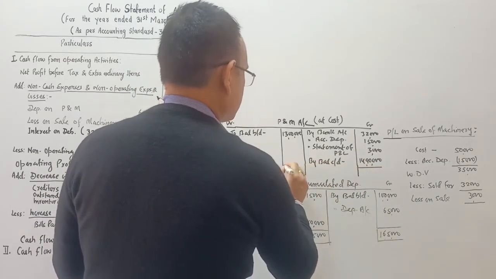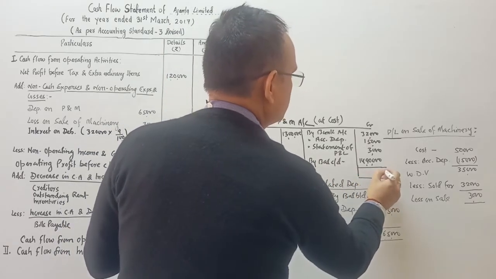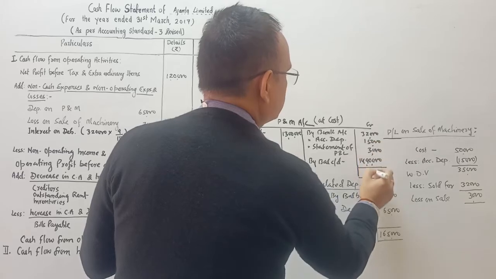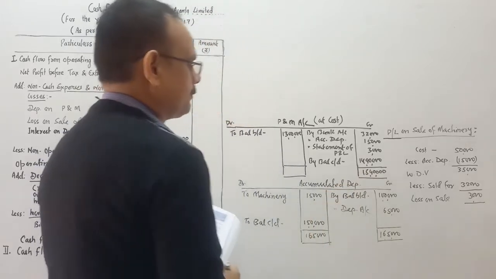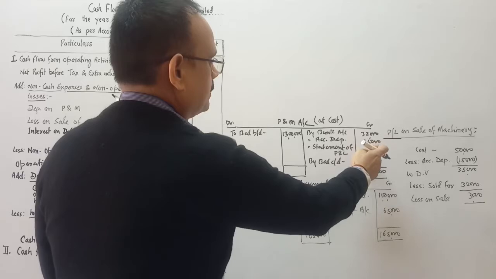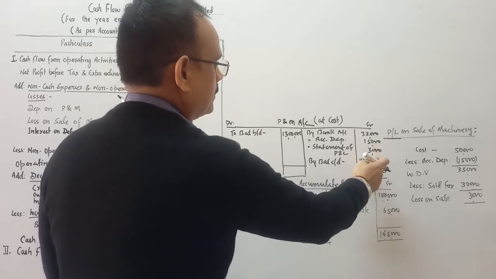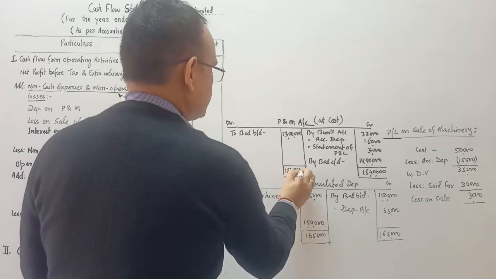The total is 15 lakhs 40,000. So you write the same figure over here, 15 lakh 40,000.